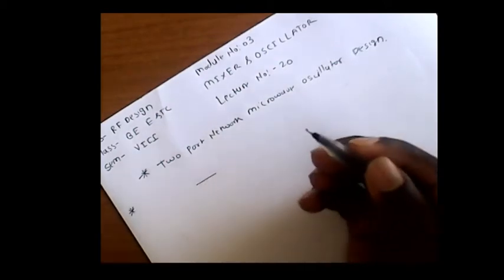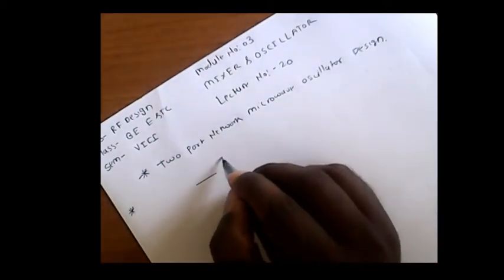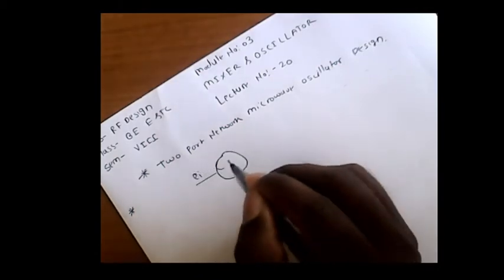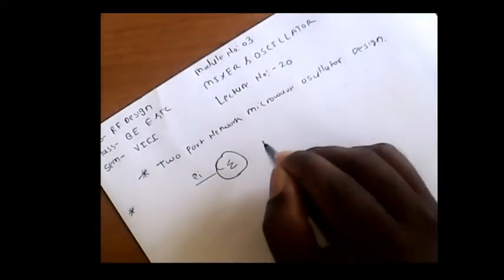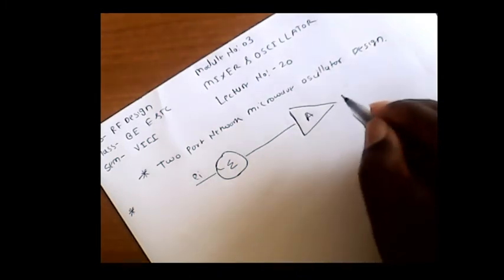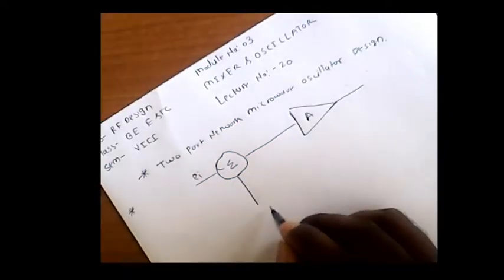A generalized oscillator consists of input EI, a feedback network, an amplifier with gain A with positive feedback, that is beta, and output voltage, that is E0.